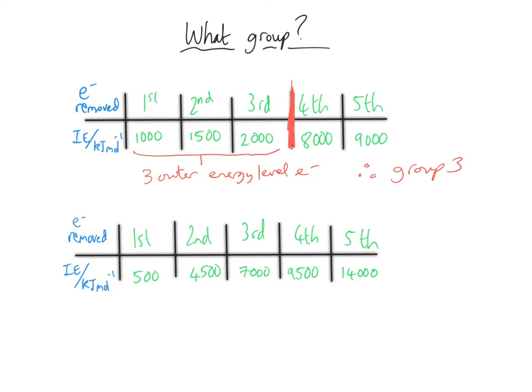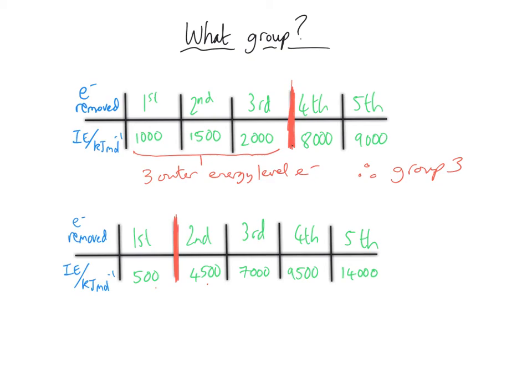And if we have a look at this next example here for a different element, we can see we've got 500, we've got 4,500. Well, that's a big leap already because that's got 9 times bigger. So it's a leap of 4,000, it's got 9 times bigger.